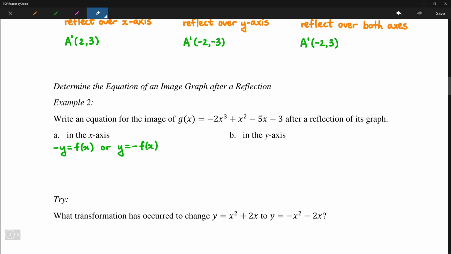Oh, sorry, that's not quite right. We want g of x here. But the idea is the same, so just going to change that.